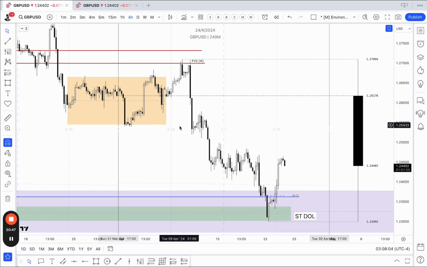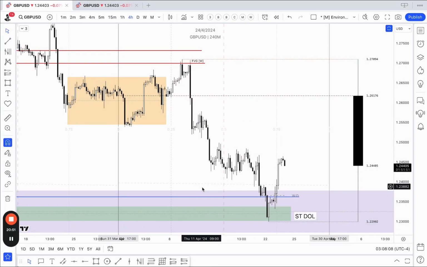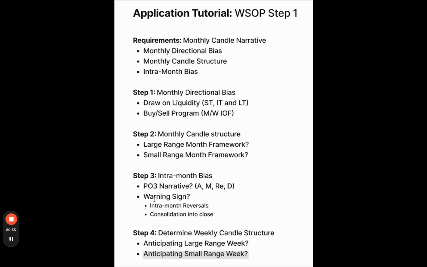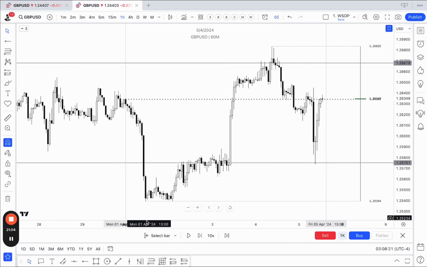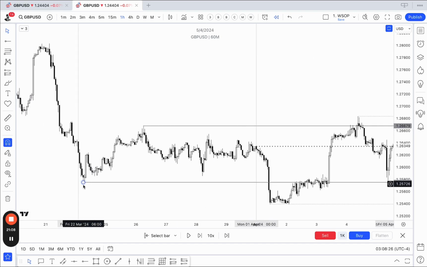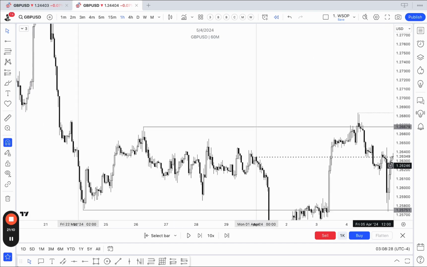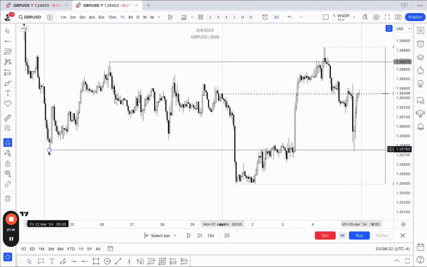What about when the Power 3 narrative is at accumulation? By the way, that's when you want to study warning signs. I'll just go over that real quick. Here is something like this, right? So you've got the market here taking out a key low.